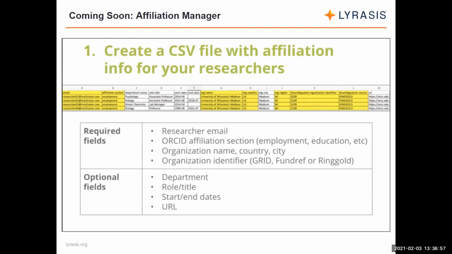So this tool is designed to allow organizations to basically upload a spreadsheet with affiliation information, such as employment, education, memberships and service. Basically, that information about your researchers can be uploaded through a CSV and written to your researchers' Orchid records through this tool.